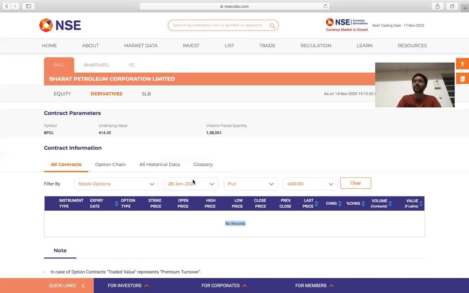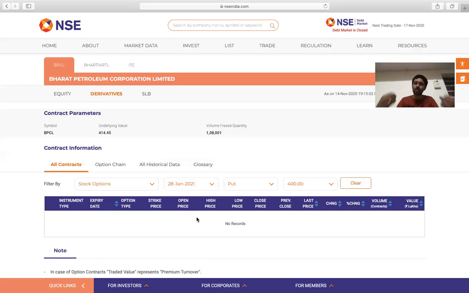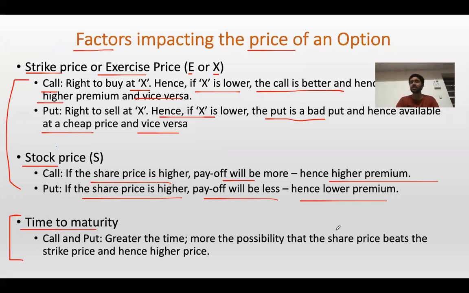For the 31st December one, I don't know if there's enough liquidity, the data is not enough, but at least there have been some trades, and the premium on that is 26.5. Whereas for 28th of Jan 2021, there have been no trades at all, and that is why it says no records, right? So the greater the time to maturity, the more the value of an option, because the greater is the possibility for the share price to move in a particular direction, right?